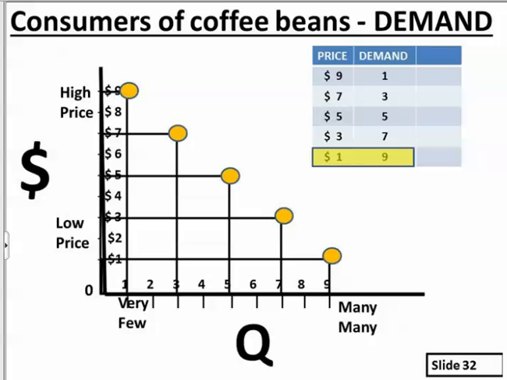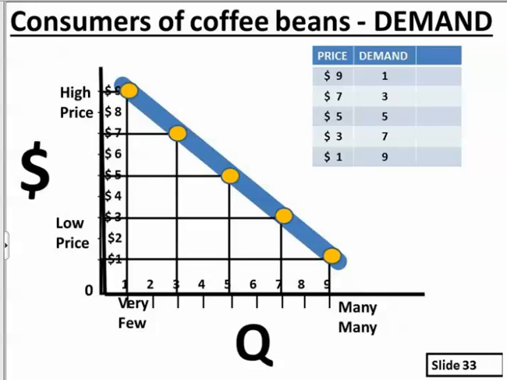Now, what we want to do then is connect those points with a curve. So we draw a line connecting the points. And you say, wait a minute, Sam, that doesn't look like a curve. No, it's not a curve. I'm using a very simple model here where the curve is a straight line. But were we to be actually doing this for real, this would be a curve. Okay.